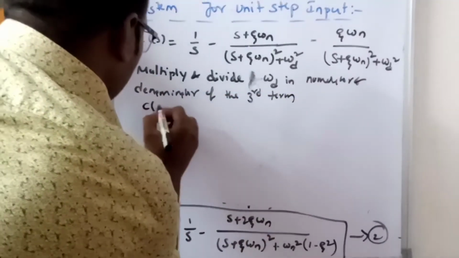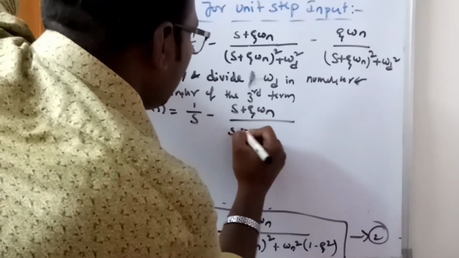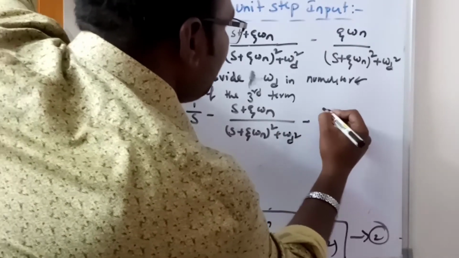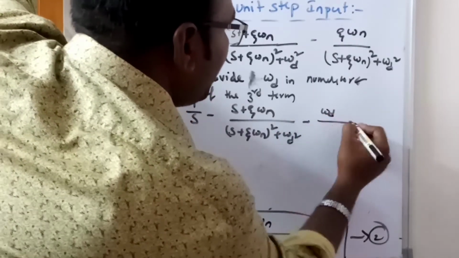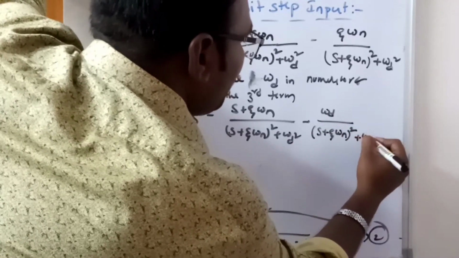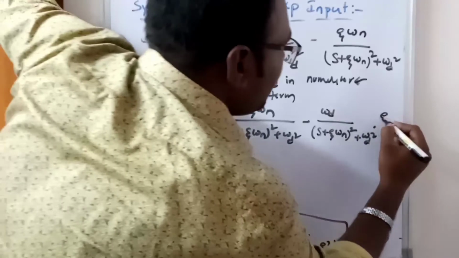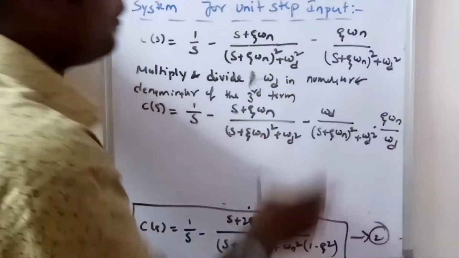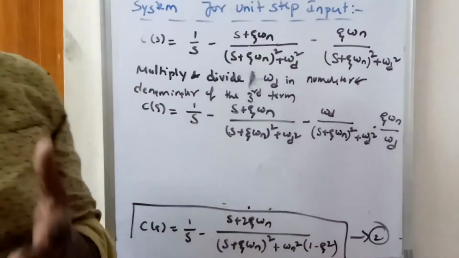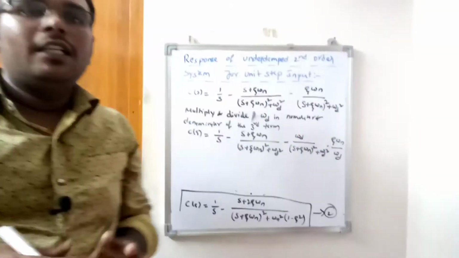Then C of s is equal to 1 by s minus, s plus zeta omega n by s plus zeta omega n whole square plus omega d square minus omega d by s plus zeta omega n whole square plus omega d square into zeta omega n by omega d. By multiplying and dividing by the same number, the equation does not change.